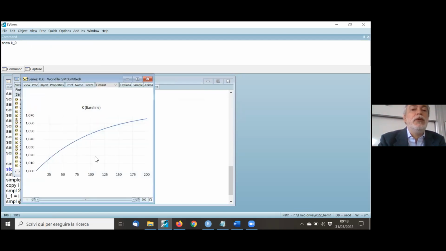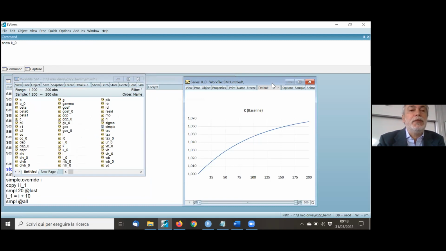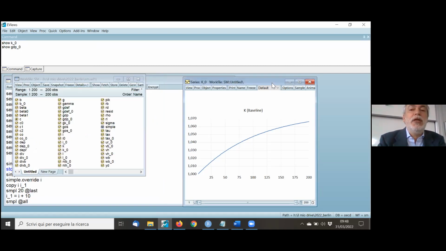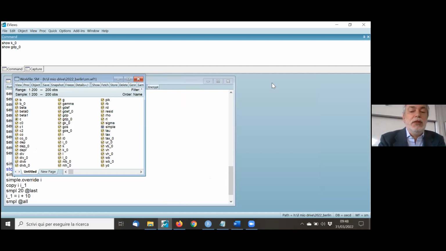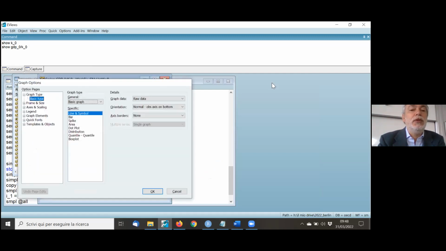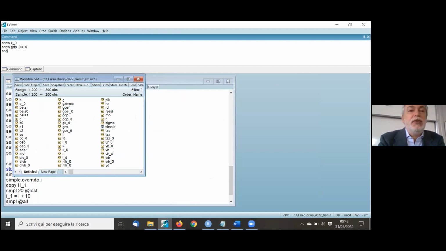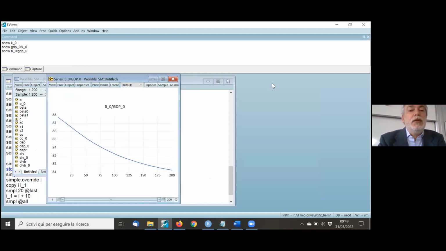And it is not bad, I would say, because it's not steady state, but it's not exploding. So both GDP and the stock of capital are slowly converging to a steady state. The output to capital ratio is converging to a little over 1.01. Let's look at the other stocks. The stock of bonds is also converging to a reasonable value.